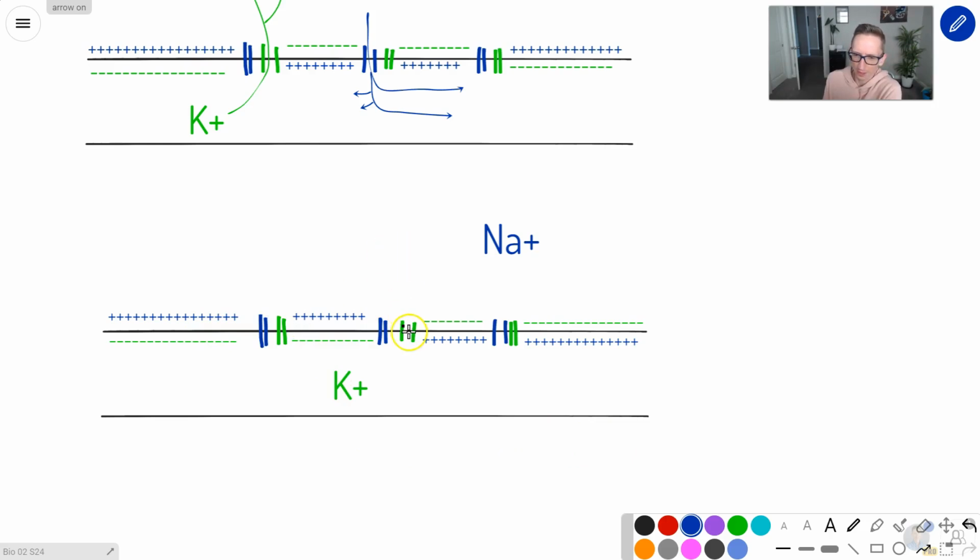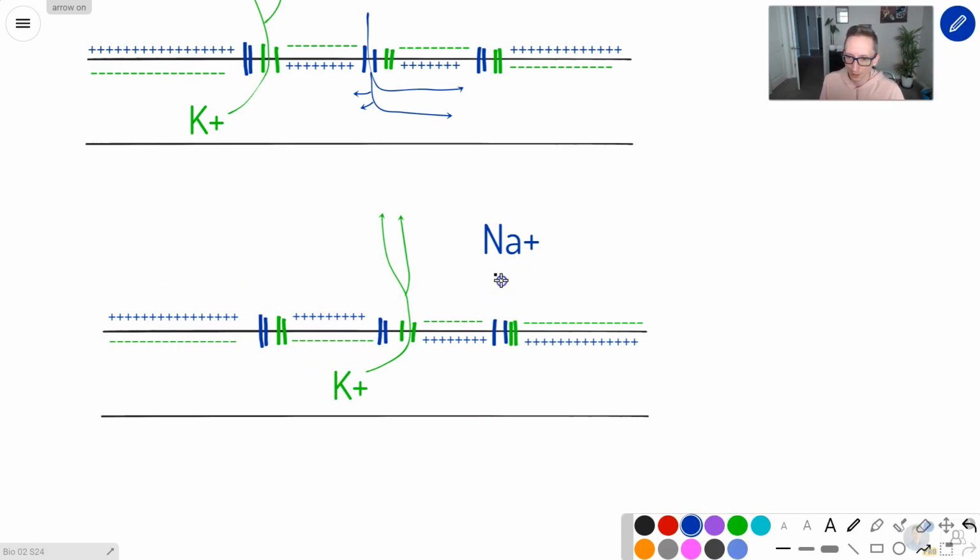Over here, we've got this opened up, which means we're having potassium rush out. So this would actually start to flip here, and go back to normal just like it is. To reestablish this. So this is normal resting membrane potential.